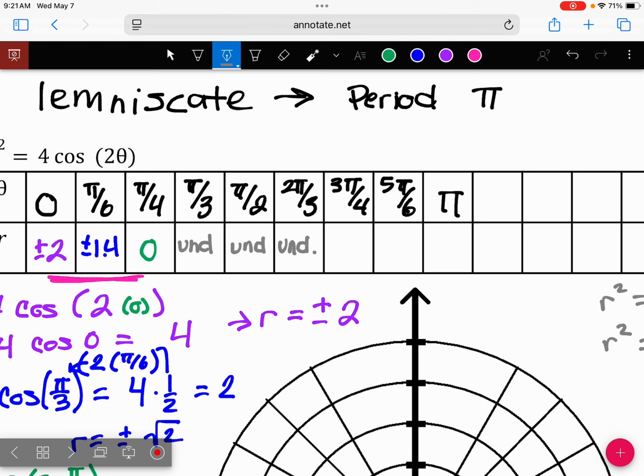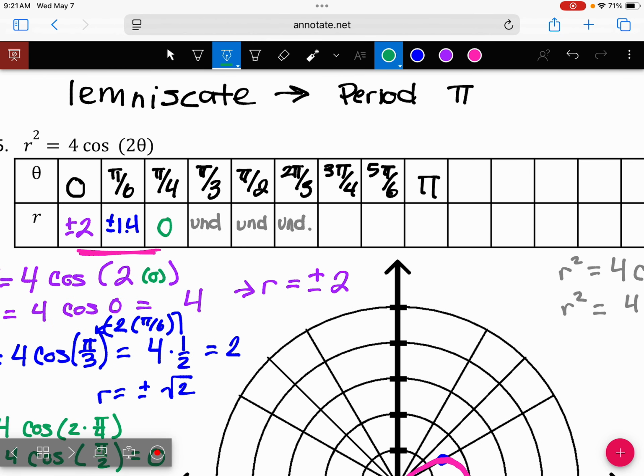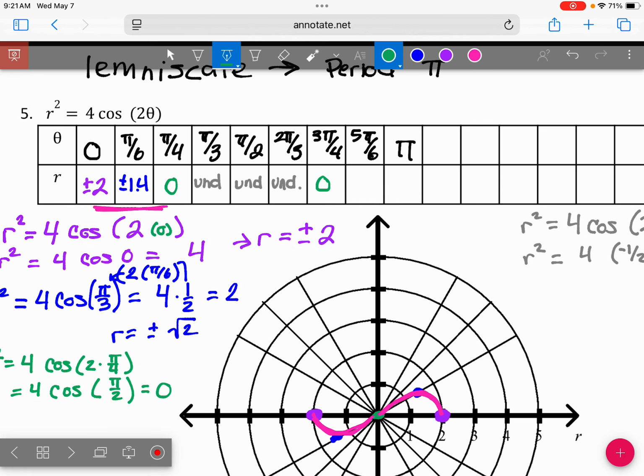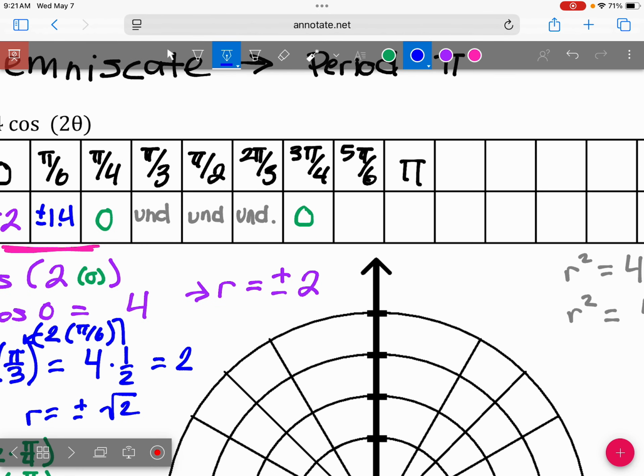What happens for 3 pi over 4? 0. We're finally back in business. And then it's 1.4. Then see what happens for our 5 pi over 6. Again, we're going to have our plus or minus 1.4. Have faith in yourself, Justin. You were right.